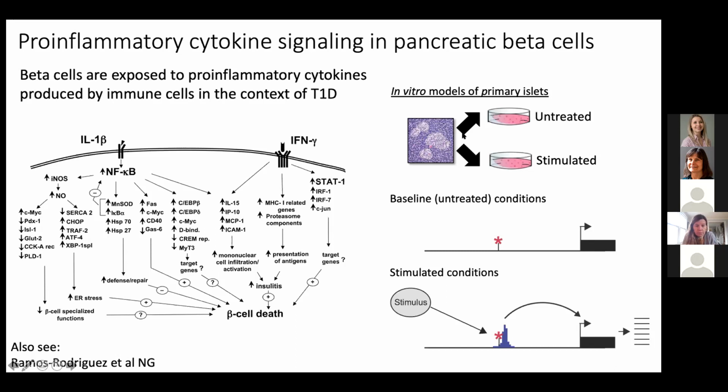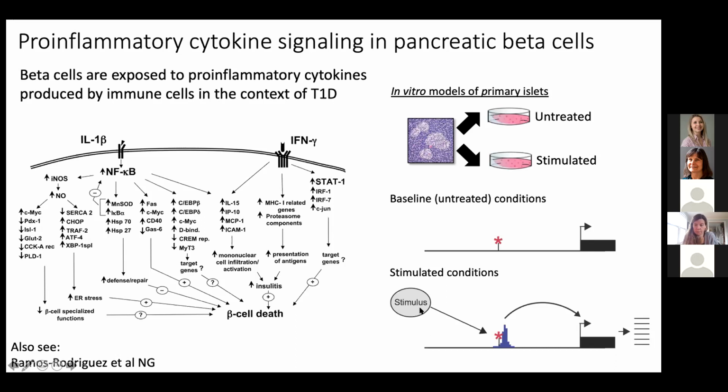Basically, on the right, the way these studies work is that there's in vitro models of islets where you take primary islets and then you either culture them in untreated conditions, or you stimulate them in some way with culture with cytokines or other disease-relevant stressors. And on the bottom, if you have a risk variant, say for type 1 diabetes, that's highlighted here, the red asterisk, in normal conditions, the relevant site for that variant may be off or may have limited activity.